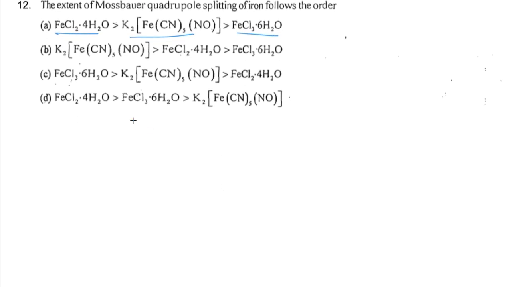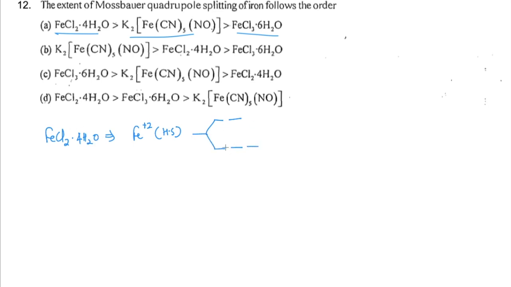The first one is FeCl2.4H2O. This 4H2O is water of crystallization, and you have iron in +2 state, and it's a high spin complex. So it's going to have an octahedral geometry because 6 ligands are there.